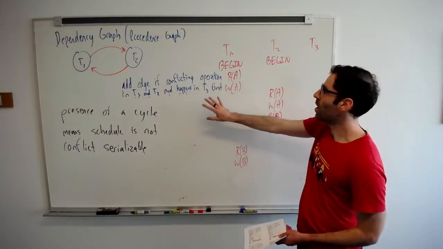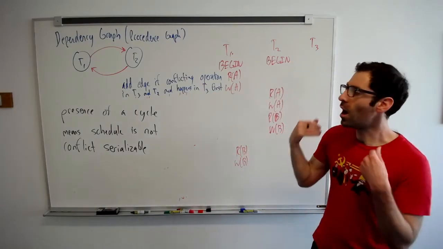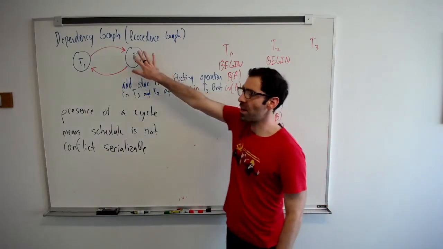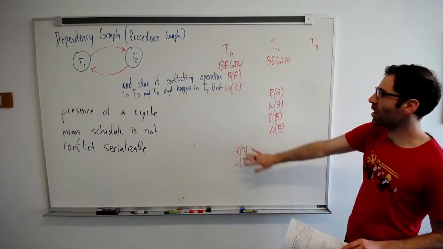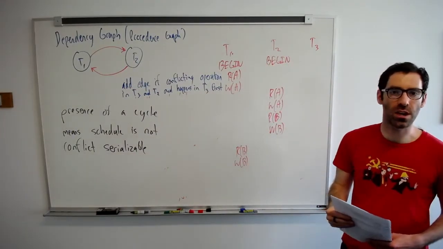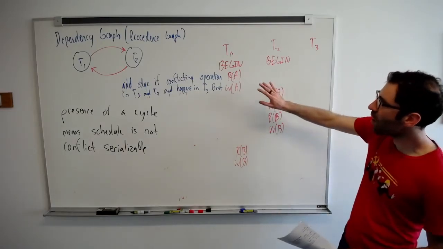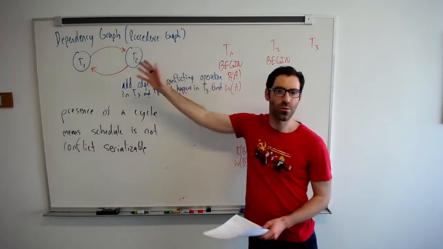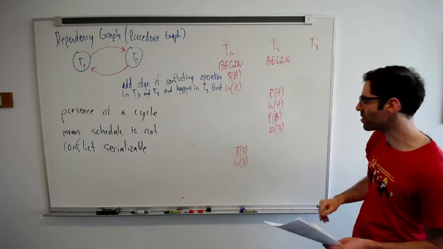In fact, our schedule is conflict serializable if and only if its dependency graph has no cycles. So this bad schedule that we saw an example of before would produce a dependency graph with a cycle, and therefore we could detect that this schedule is not conflict serializable.